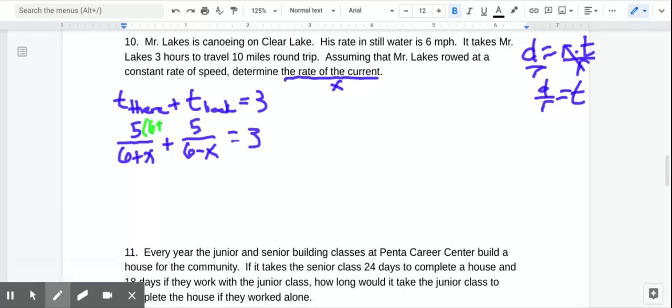I'm going to multiply everything by 6 plus x. That's going to cancel that out. And then we're also going to need to multiply everything by 6 minus x. This one too, I'll squeeze it in over here.